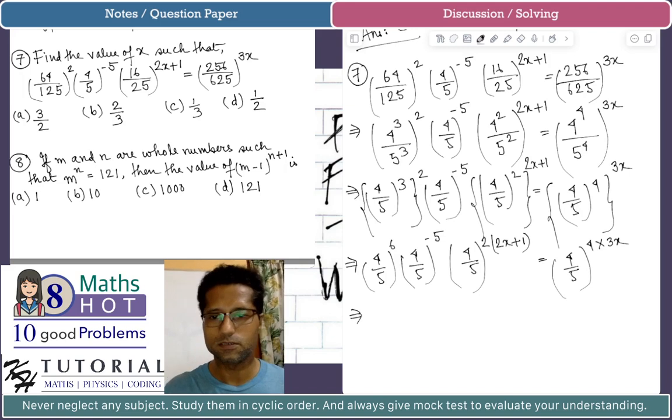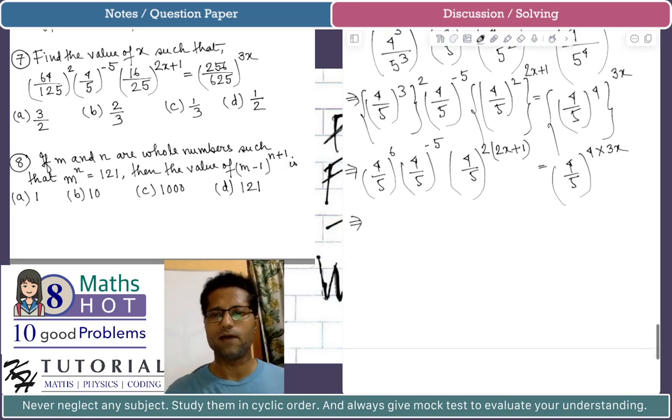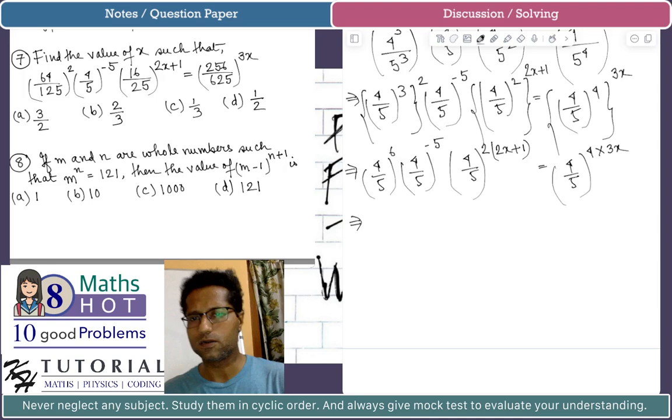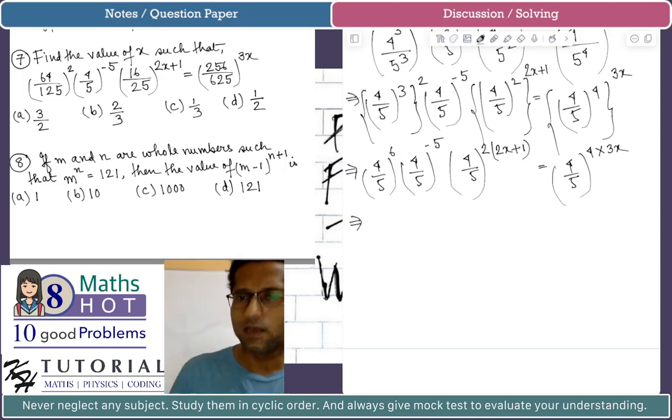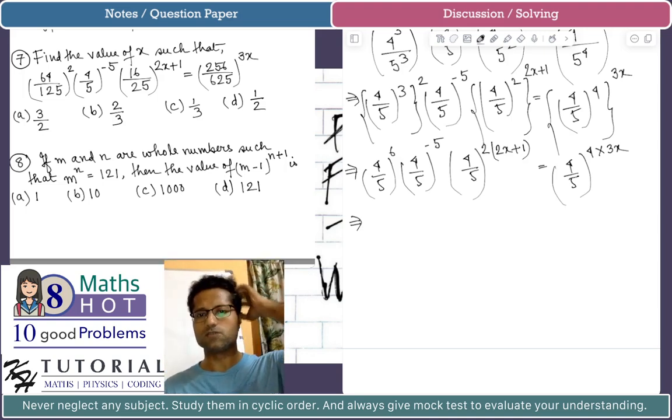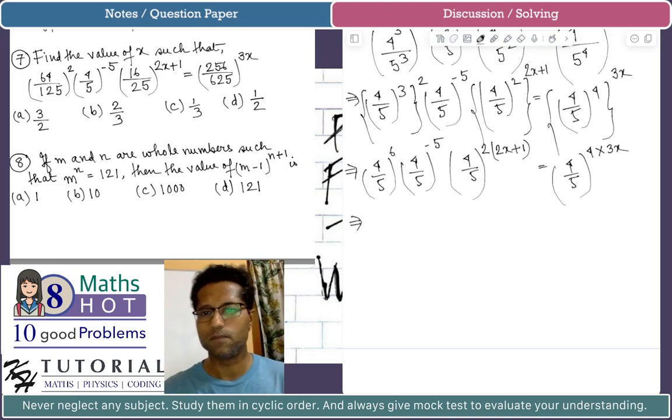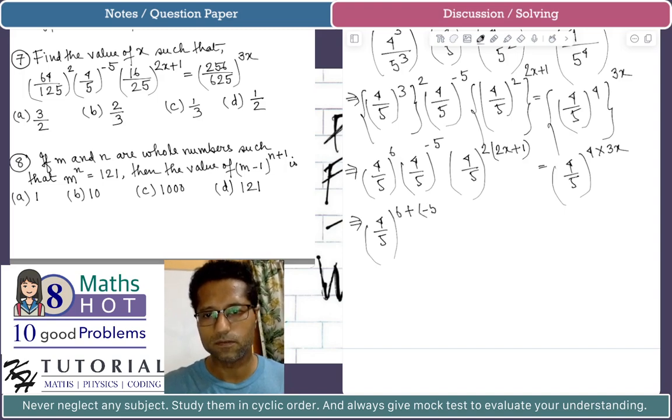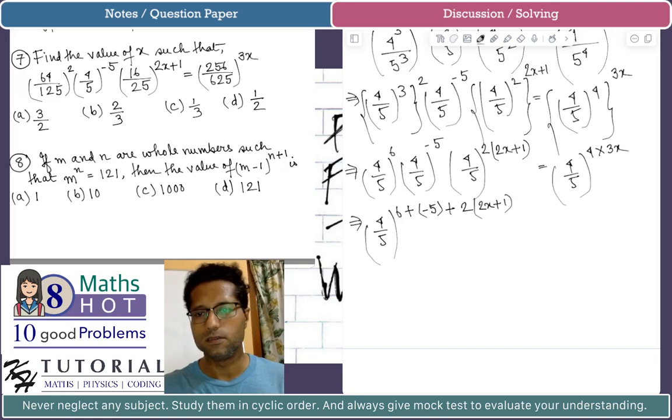Now we have on the left hand side a product of 3 exponential terms, and all the exponential terms have base 4/5. So we will just add up the powers. This becomes (4/5) whole raised to the power 6 plus minus 5 plus 2 into 2x plus 1, equal to (4/5) raised to the power 12x on the right hand side.